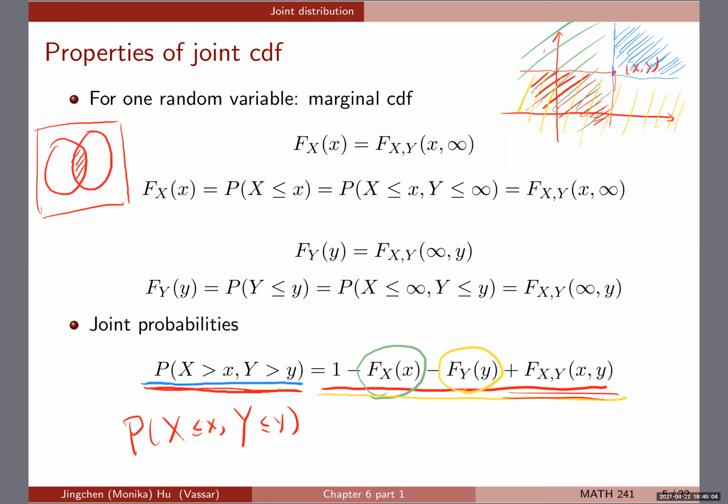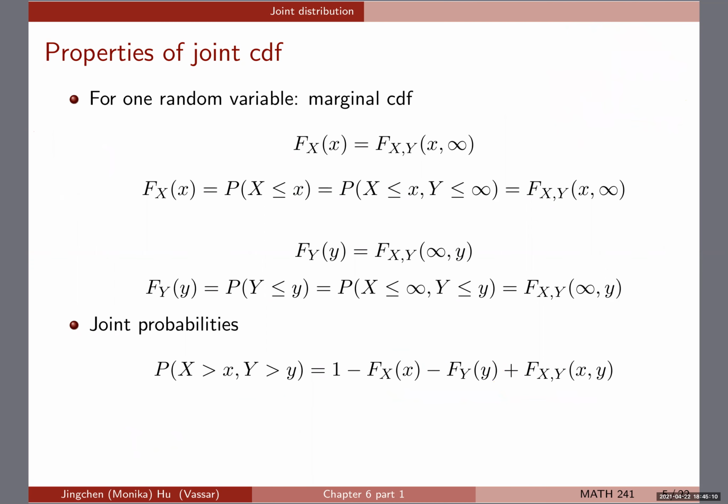So that's the property of the joint CDF. In particular, we focused on how to get the marginal CDF from the joint CDF, and hopefully the generic examples we're showing here make sense to you.